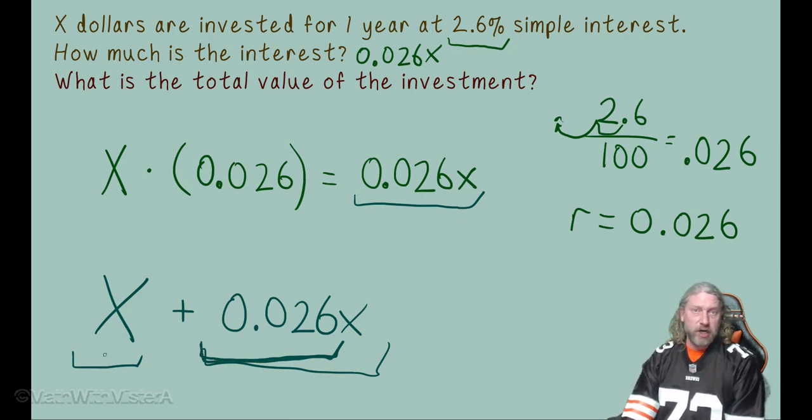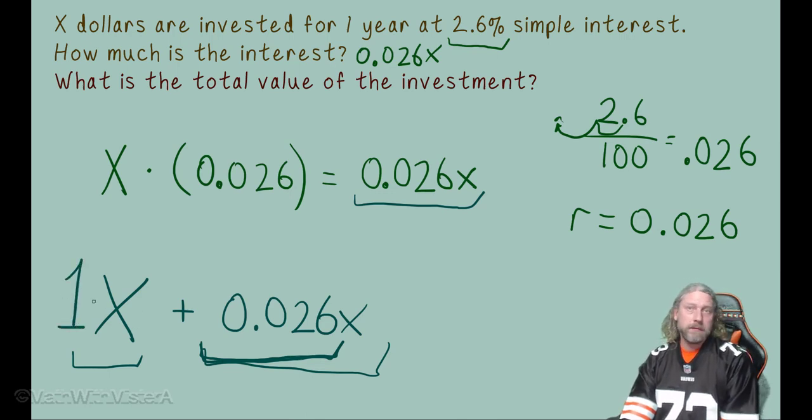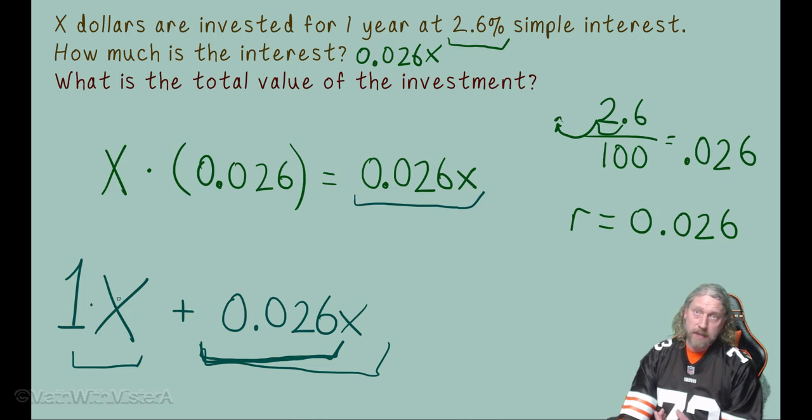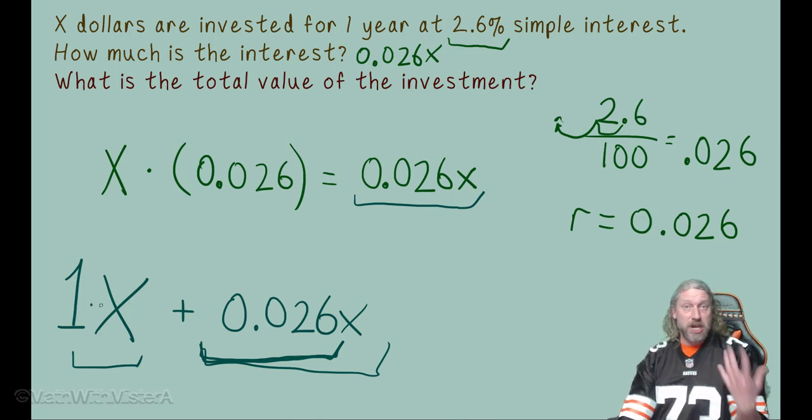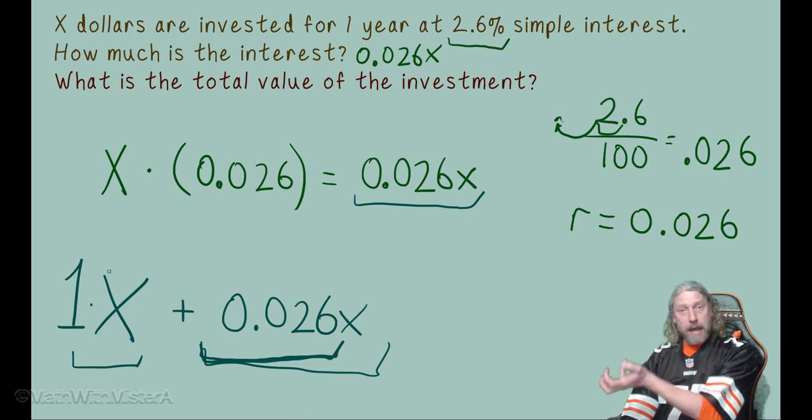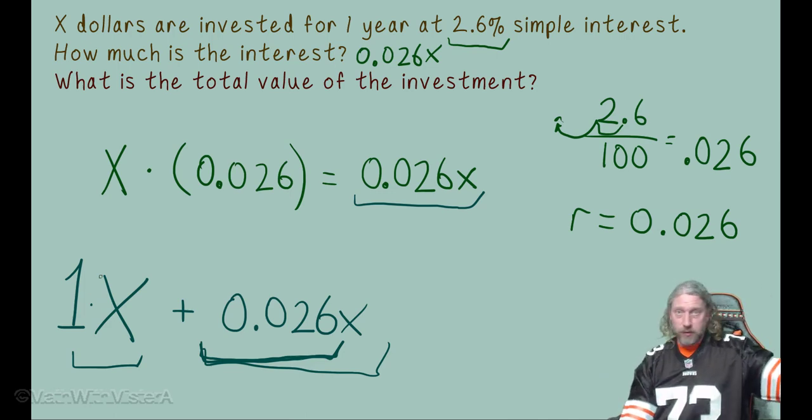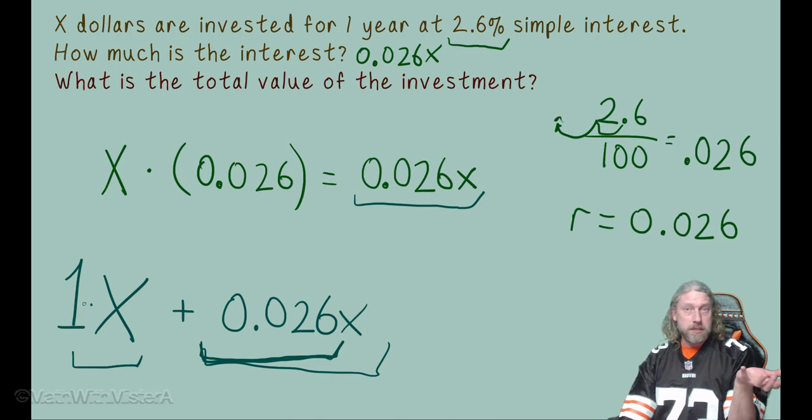And when it's just the variable x, it works exactly like saying 1x. You could say, well, 1 times x, any number times 1 doesn't change its value. So calling x 1x is fine. We haven't made a 6 into a 9 or anything like that. It's the same number. And having that number there helps us see how to add these numbers up.